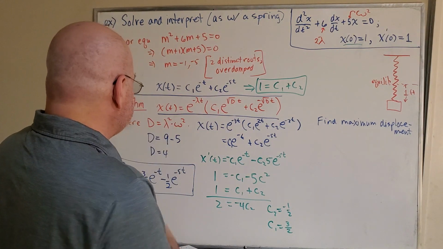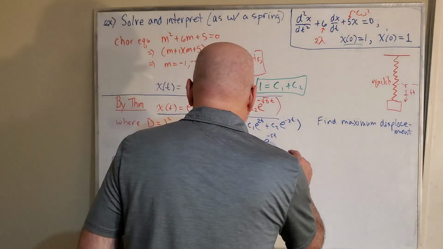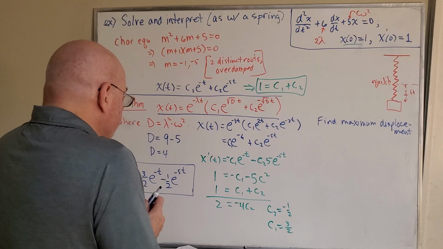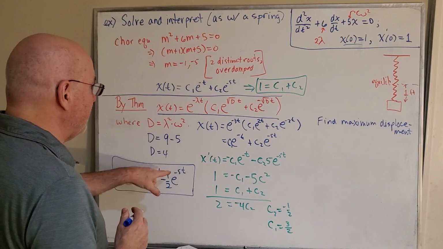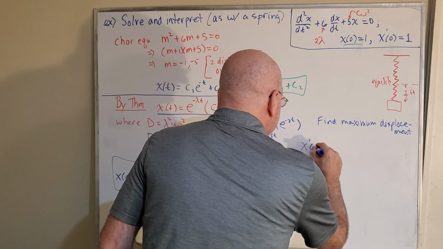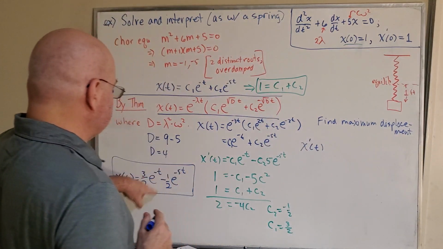So we would take the derivative, x prime of t. Now we actually know what x prime of t is. We actually know the c1 and c2.